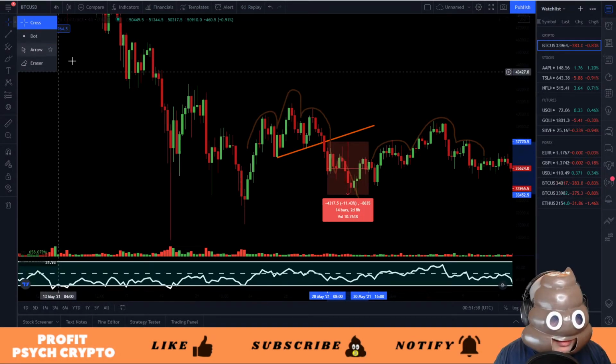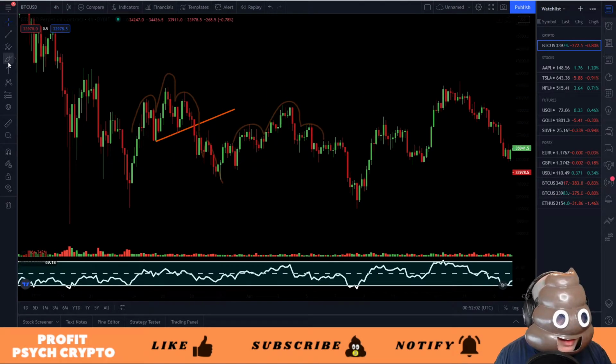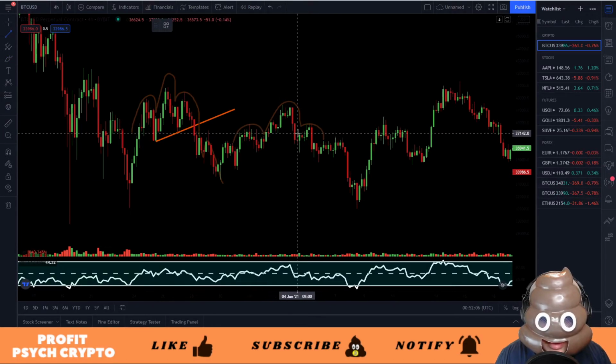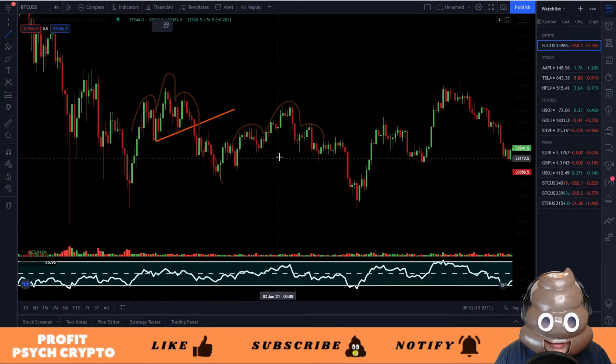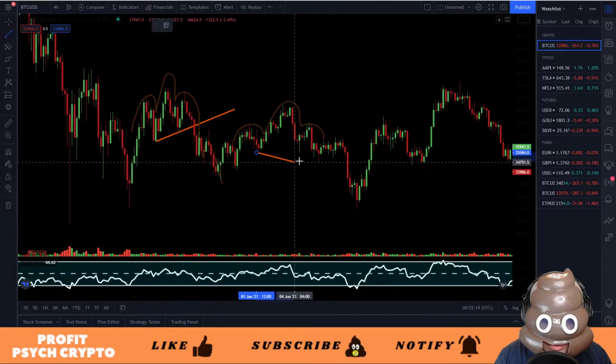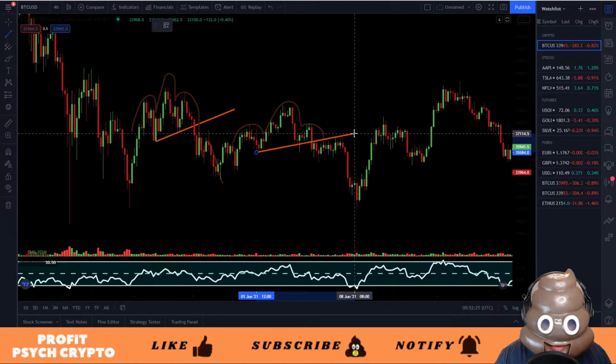Let's go ahead and take a look at the next one that we drew out. Again, we have a left cheek, a turtle head, a right cheek develop, and at that point, I'm looking for the underarm line. Now, you could draw the underarm line here, at the wicks, or you could look at this particular wick here as a false wick and draw it there for a better entry.